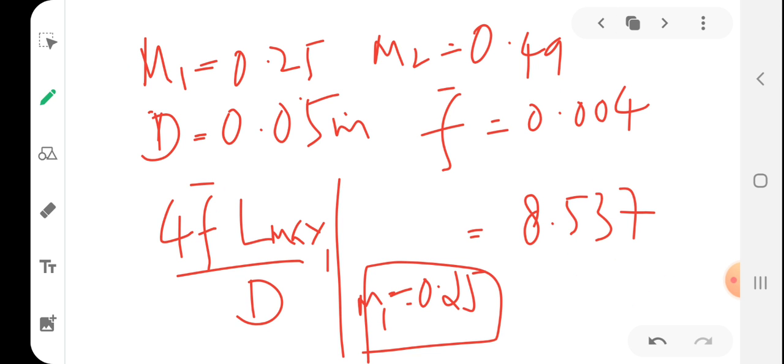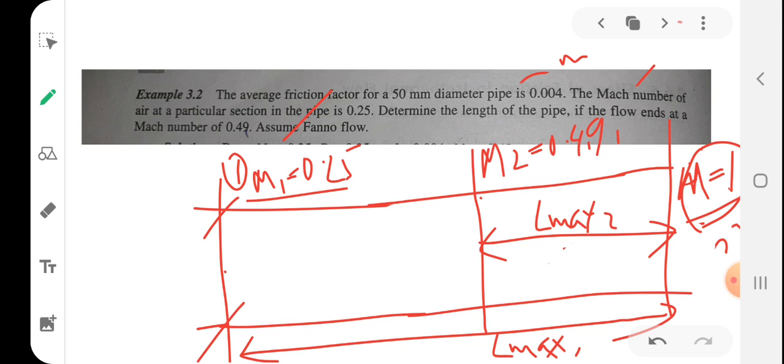So this will be 3.616 meter, and L max 1 is 26.6 meter, right? Our question is to determine the length of the pipe.